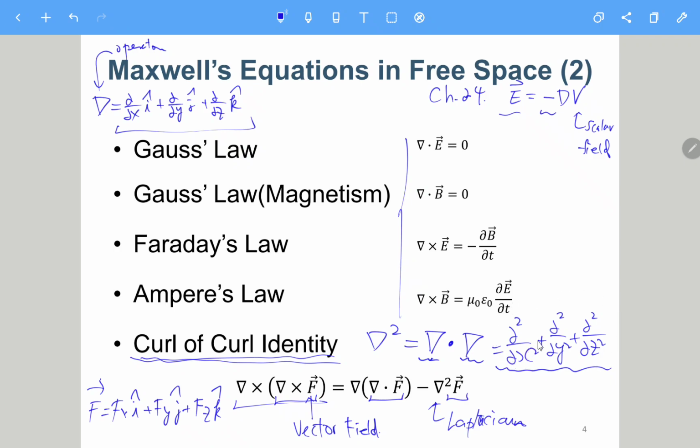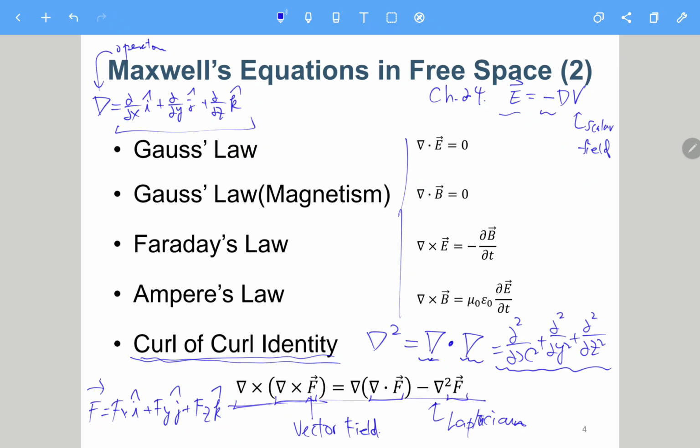You just take the partial derivative of the different components. And then you also calculate the divergence and then take the gradient. Finally you will find that both sides are equal, so you can verify this identity to be true.